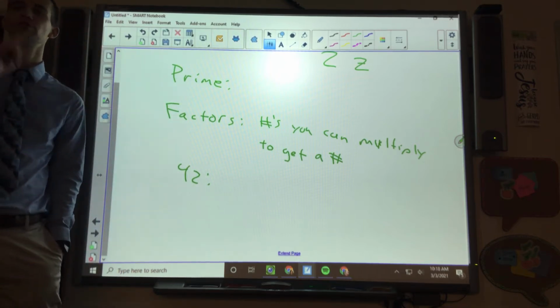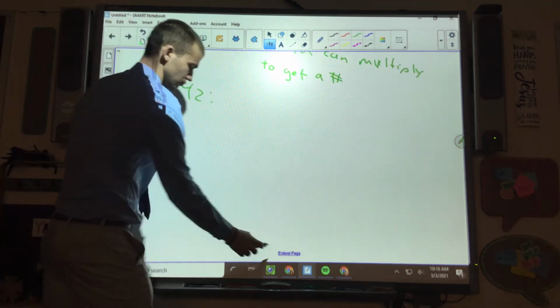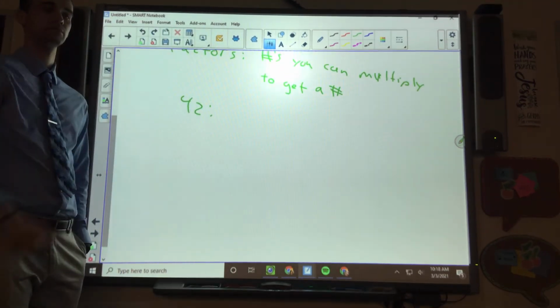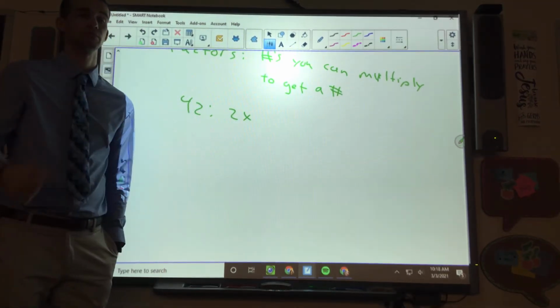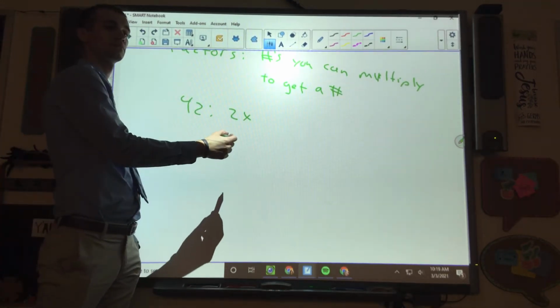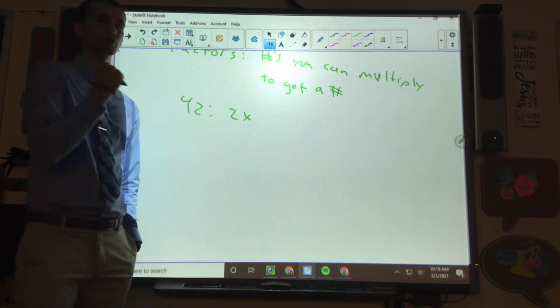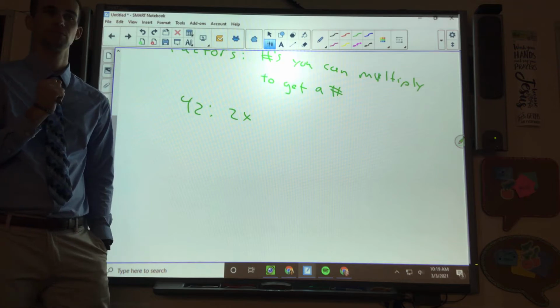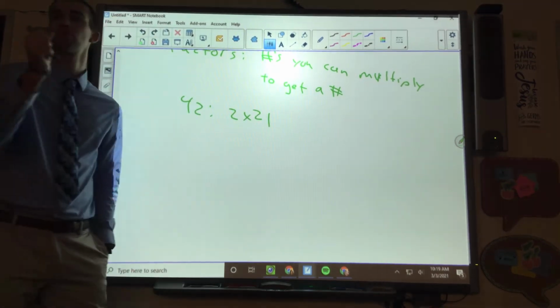What are the different combinations of numbers that you can multiply to get 42? 2 times 11? Nope, that'd be 22. I got one. 2 times 21.